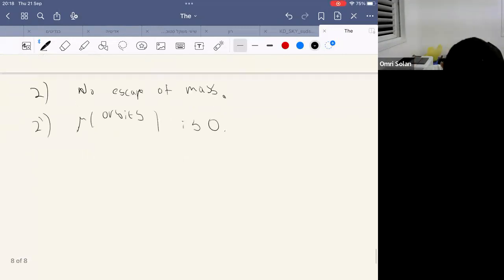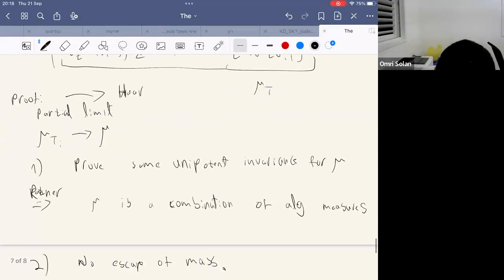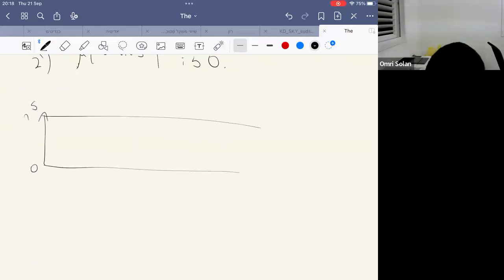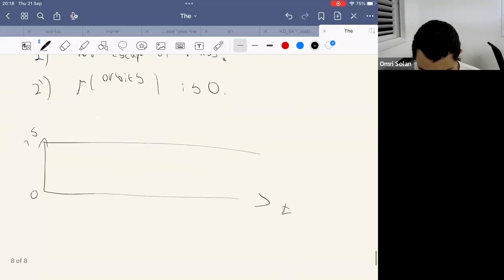So let me draw a picture. This is the S direction, goes from 0 to 1. This is the T direction, goes to infinity. How can there be any escape of mass?